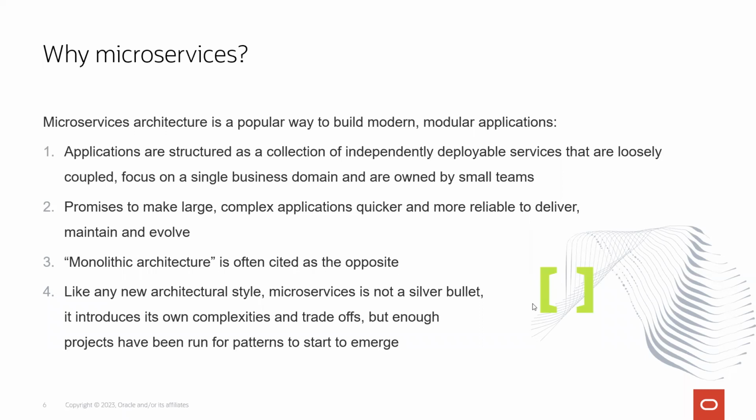It's also easier to deliver reliably because the teams focus on one thing and not on a very big monolithic architecture, which is usually the opposite. Now, microservices are not a silver bullet. Like any new architecture style, they introduce their own complexities, problems and trade-offs. But right now, there are enough projects running microservices architectures for patterns to start to emerge on how to build these applications in a proper way.